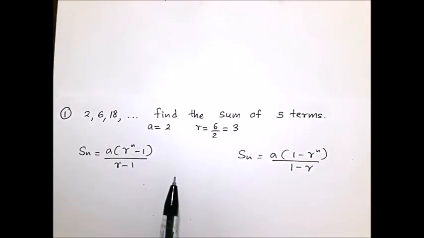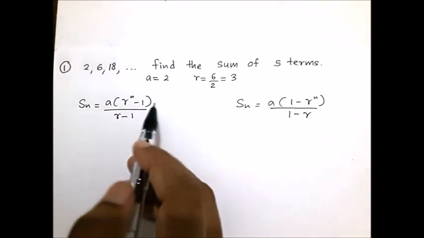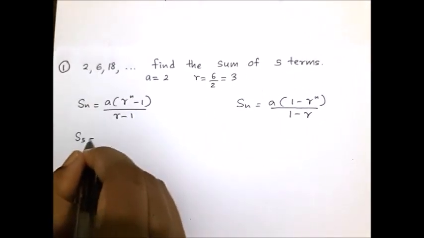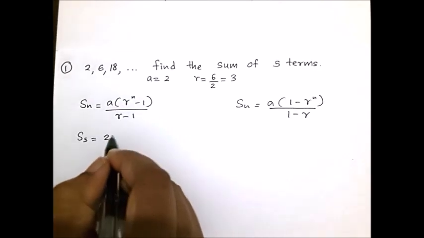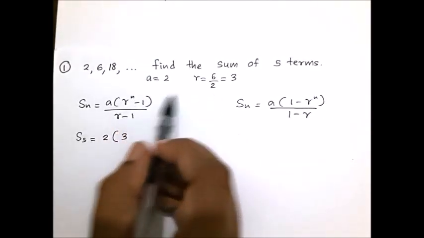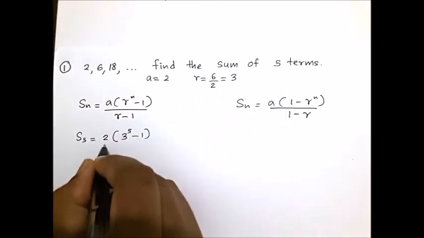I am going to solve this question by using both formulas. Let's start with the first formula, Sn. The question says to find the sum of 5 terms. So it is S5. The first term is 2. R is 3. And n is the number of terms. The question says 5 terms. It is 5 minus 1.